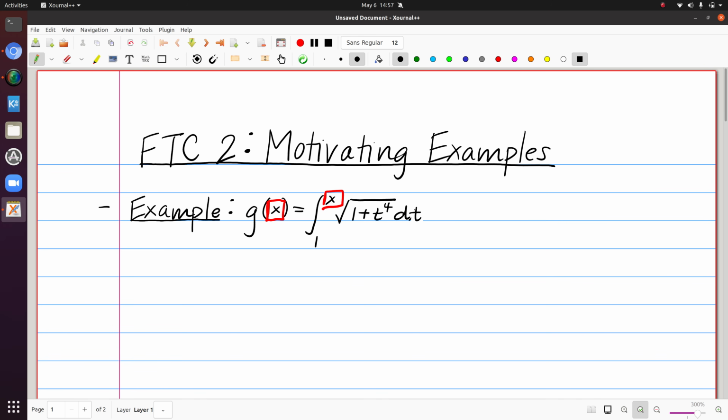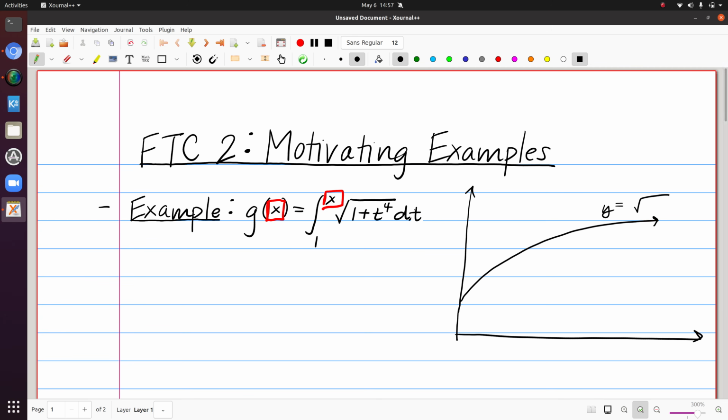So let's sketch here this function of t. This would be y equals root 1 plus t to the fourth, with t here.